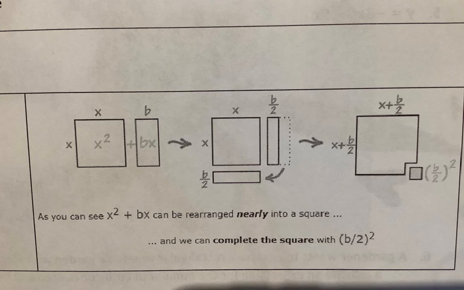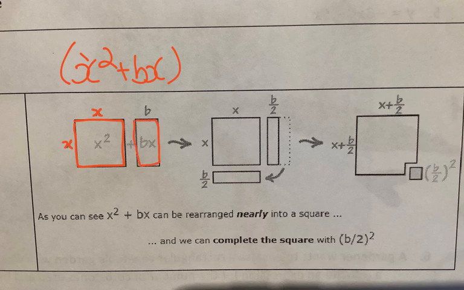So if we have x squared plus bx, those first two terms, that's what's in the bracket, then I can draw that into a square. The square x squared is a square with sides x times x, right? In the area, that would be x squared. And the other shape would be bx.